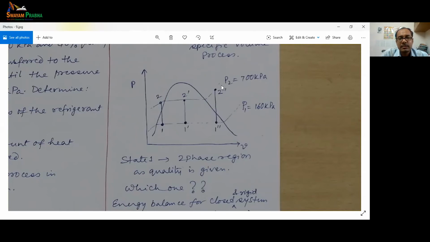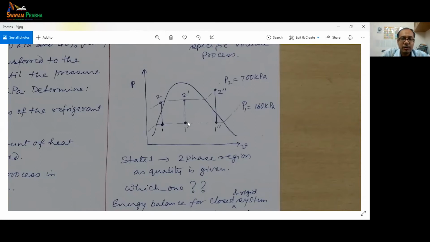So if this is the 700 kPa line, you can reach a single phase region 2, right? Or if you are here at 1 prime, so these are not to scale, it's just a schematic I am trying to show you. If that 40% quality point means that if you increase pressure, it will reach the compressed liquid zone. Okay, this is the compressed liquid zone.